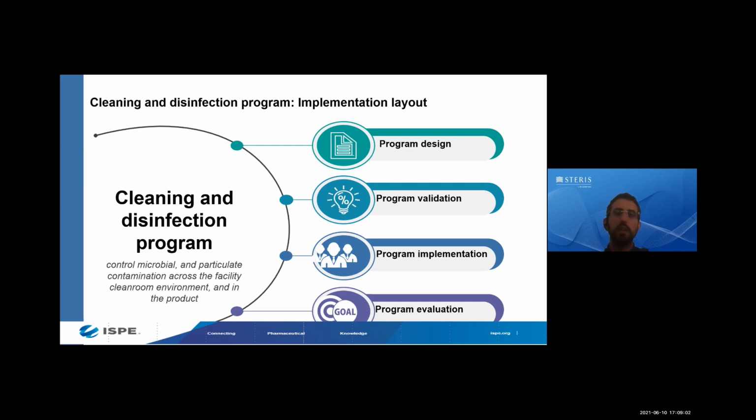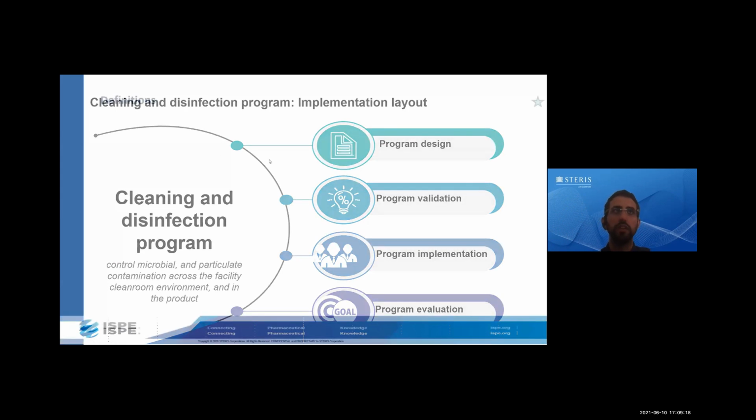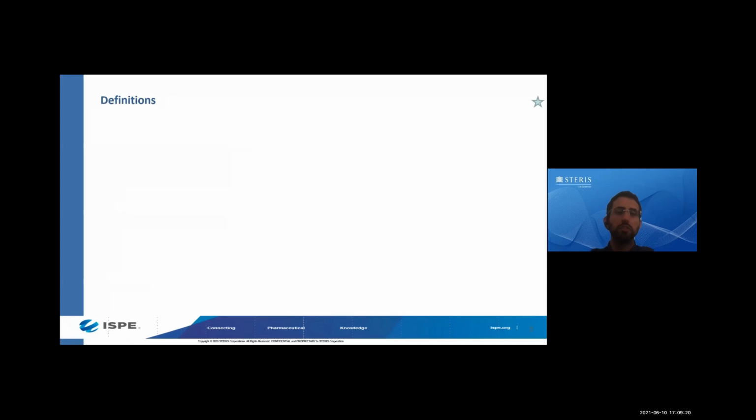Again, it is a life cycle approach, like anything in our industry. More and more, we look at our processes as a life cycle approach, from design to validation, implementation, evaluation, and improvement, making sure we always improve and have an adequate contamination control program or strategy.